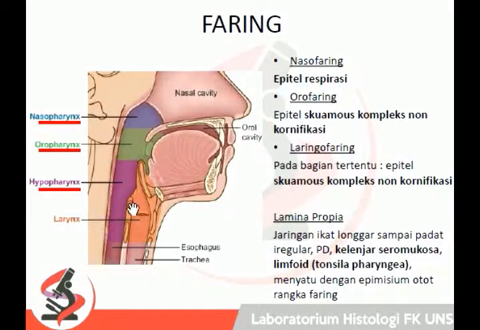Here you can see the colored regions, and the laryngopharynx, also known as the hypopharynx. Here you can see an epiglottis. Below the nasopharynx we can find the larynx.